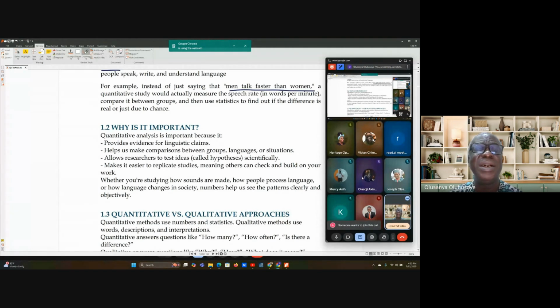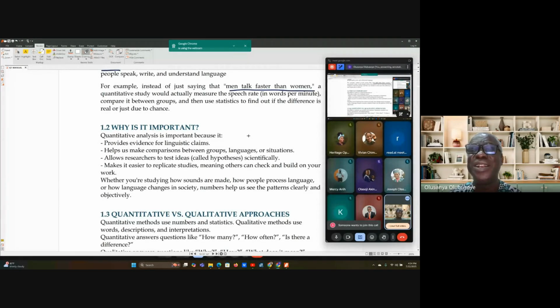So one reason why quantitative analysis is important is for us to be able to provide very convincing evidence to support our claims. Numbers make comparison exact and precise, not just by saying this is better than this, longer than this, taller than this, shorter, and so on.